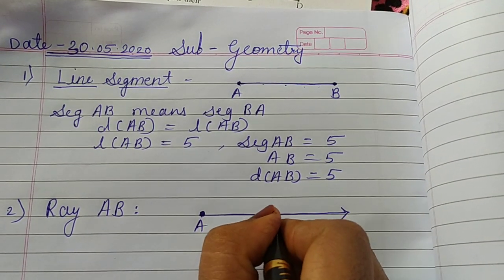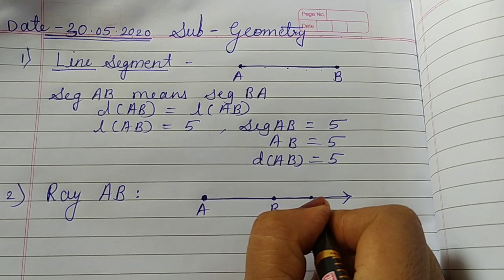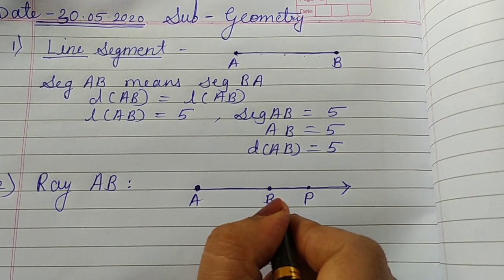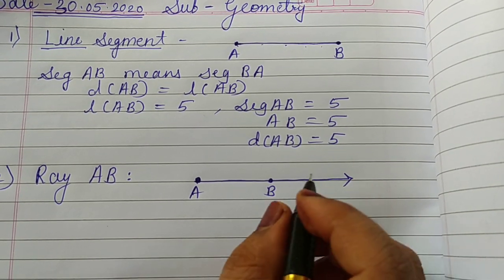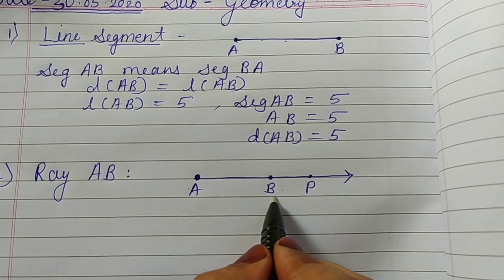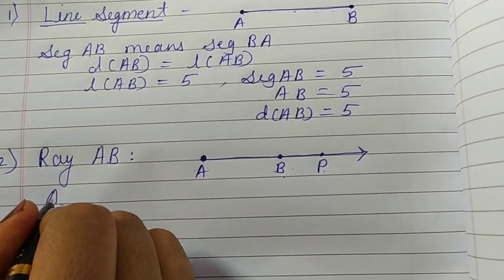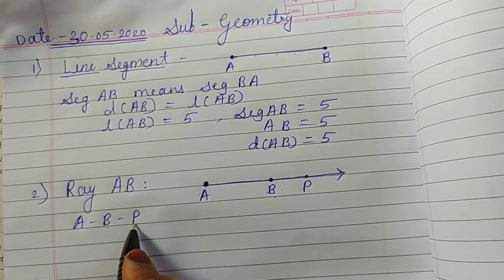AB is a ray and point P is on the ray AB. So it is union set of all points of AB and the point P such that A, B, P lies on the same line.